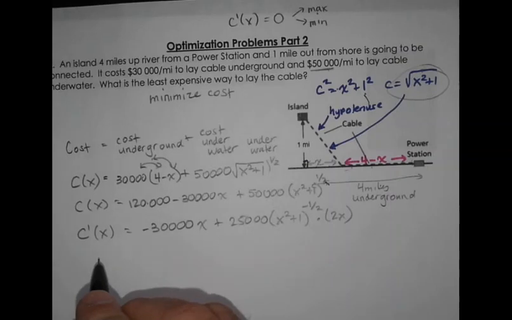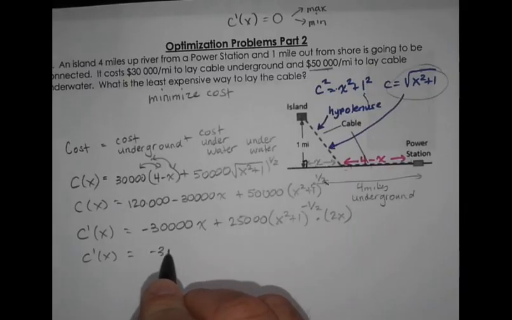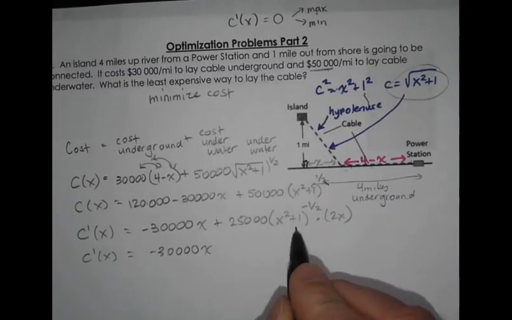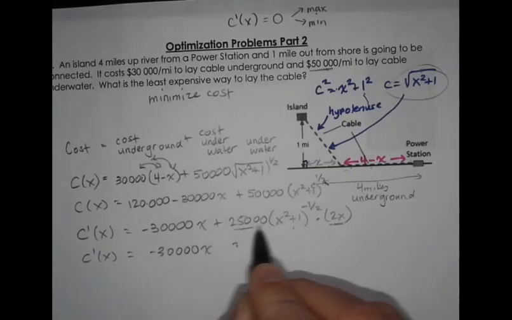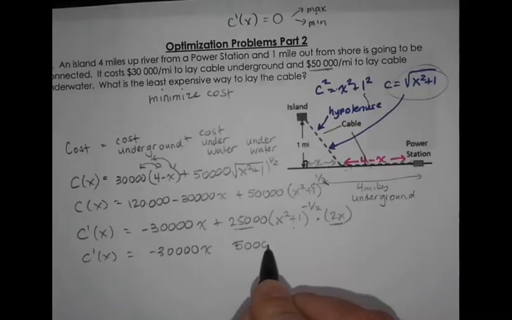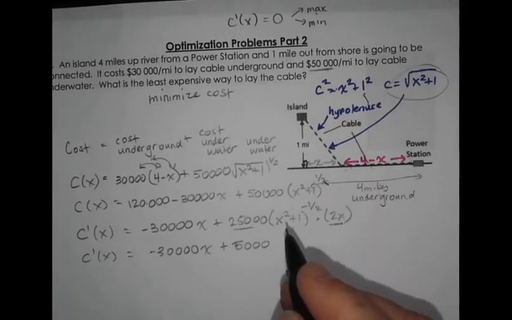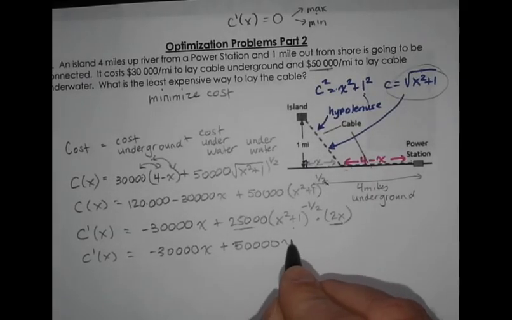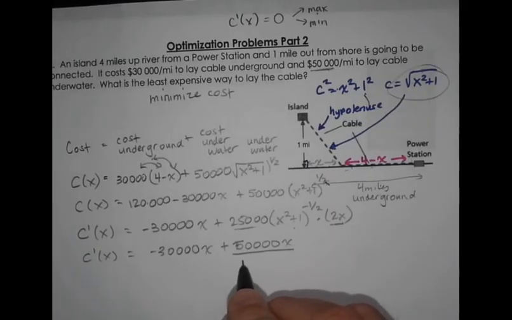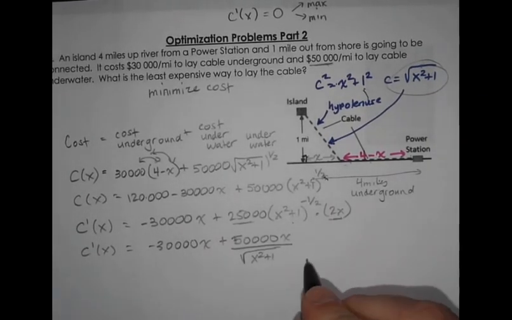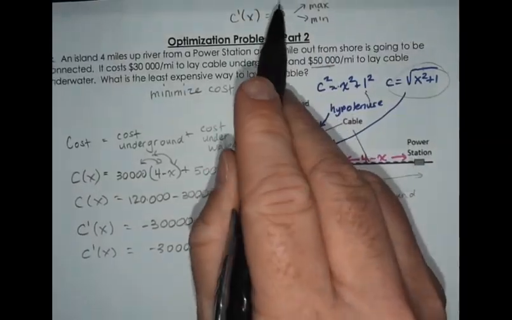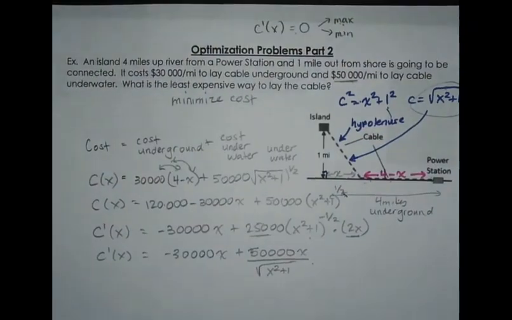Now we're going to tidy this up. If I combine 25,000 and 2x, that is 50,000x over the square root of x squared plus 1. Now I'm going to set this equal to 0 because we're going to find the minimum or maximum.